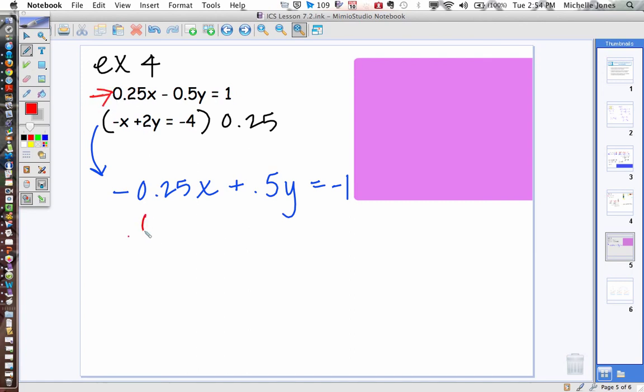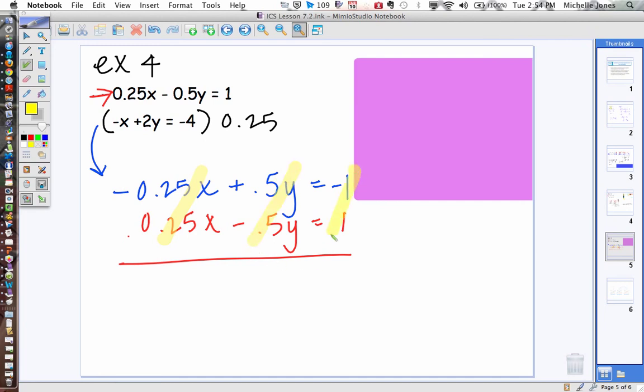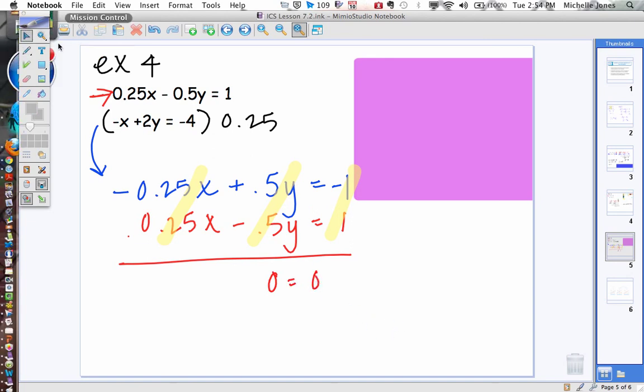We're going to make this red. So that's 0.25x minus 0.5y equals 1. Let's look. We're going to cancel out our x's. We're going to cancel out our y's, and we're going to cancel out our last part. So therefore, 0 equals 0.